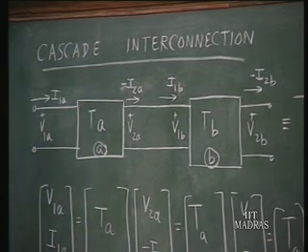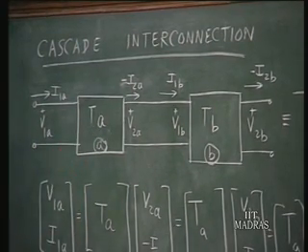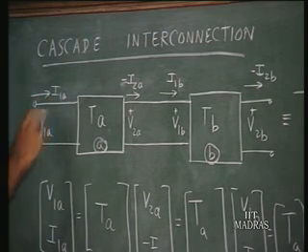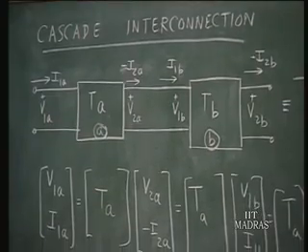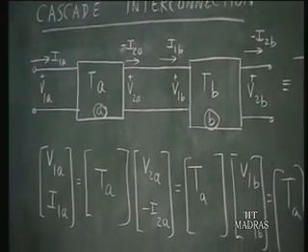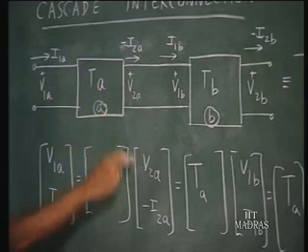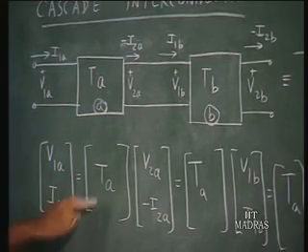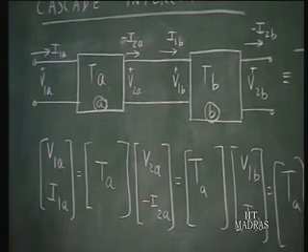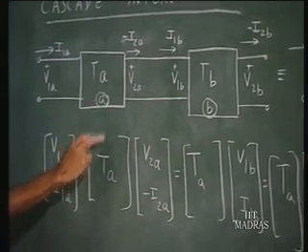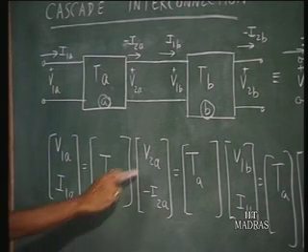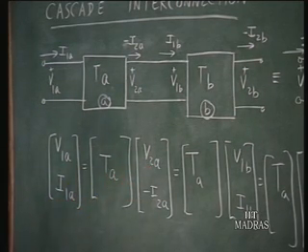So, as far as network A is concerned, if TA is the transmission matrix or the ABCD matrix, V1A, I1A is related to V2A and minus I2A, with this difference in direction, by this chain matrix or the transmission matrix TA. So V1A, I1A is TA multiplying V2A, minus I2A.